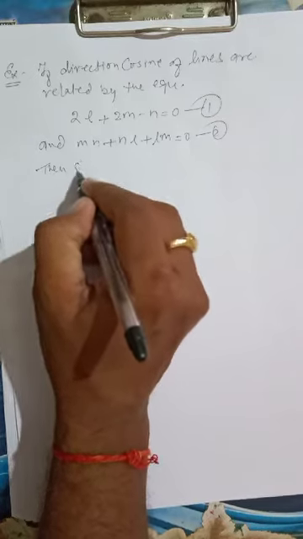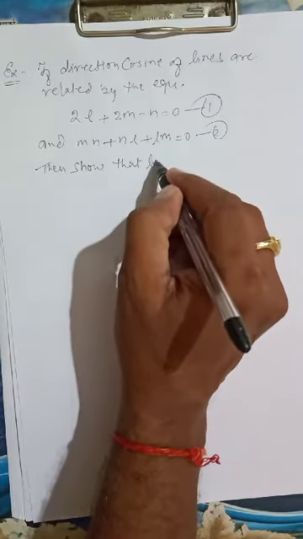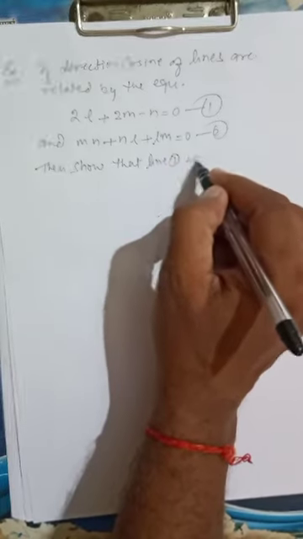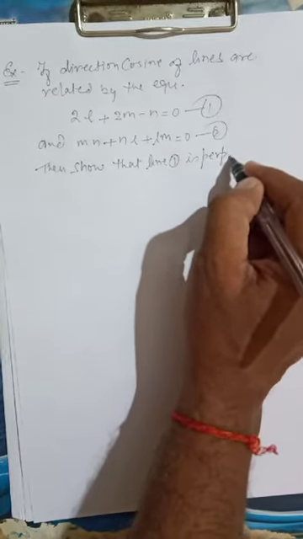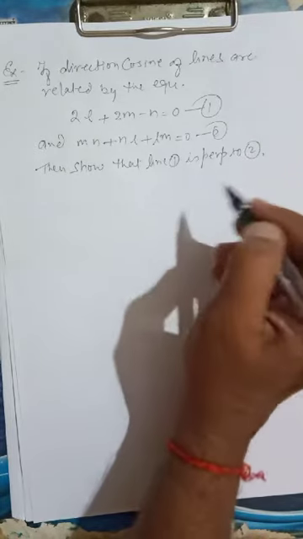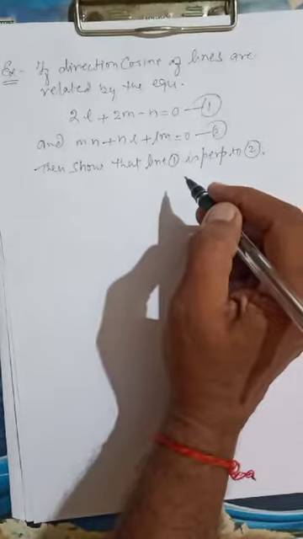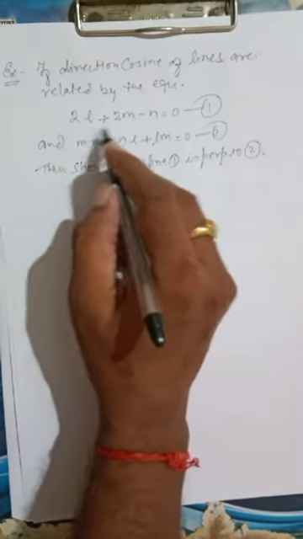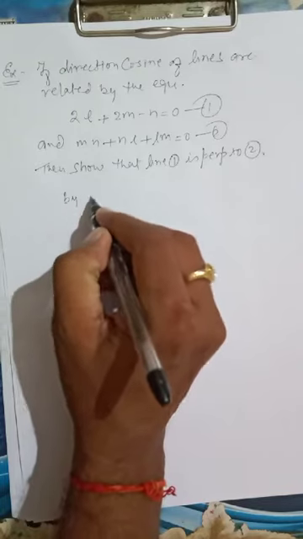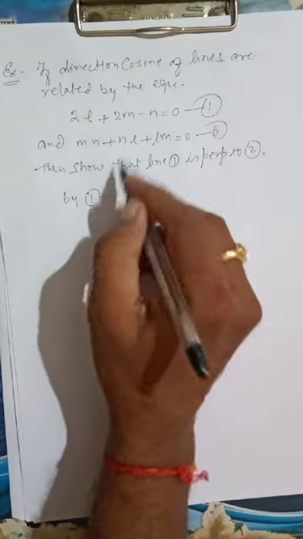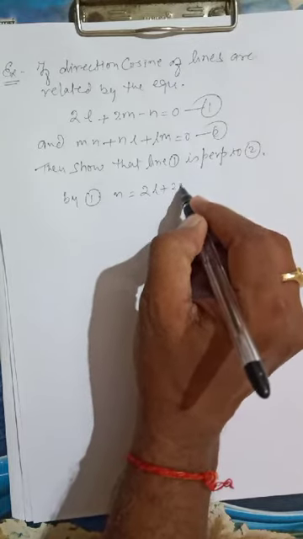Then show that line 1 is perpendicular to line 2. If I solve this equation, so by 1, the value of n is 2L plus 2M.